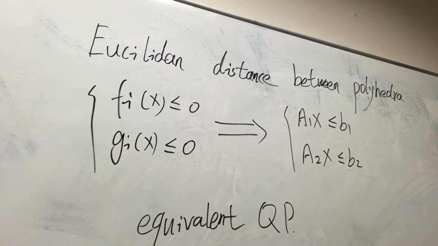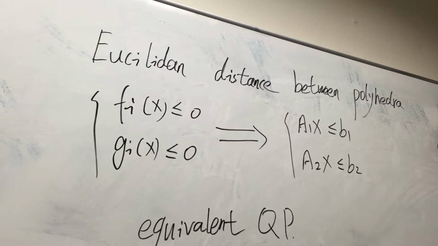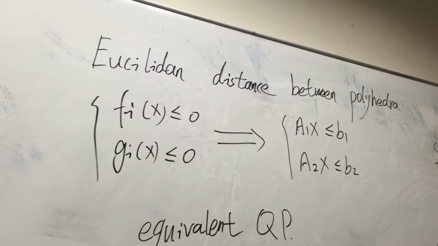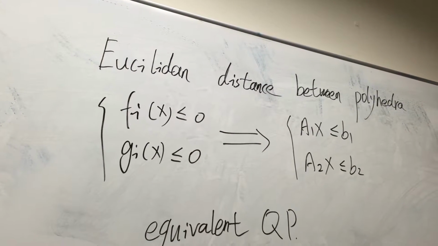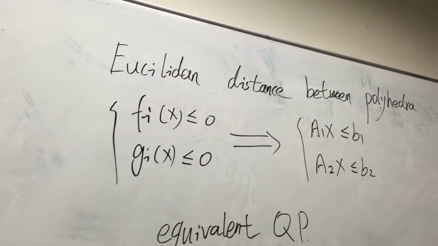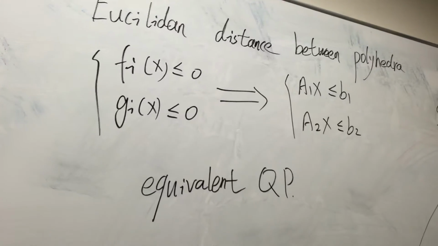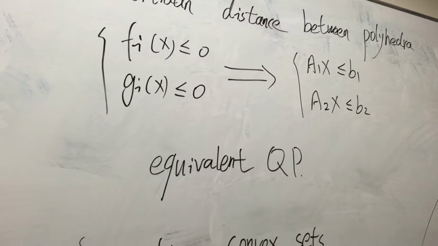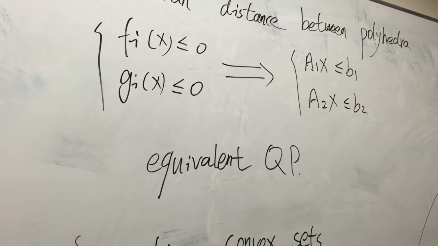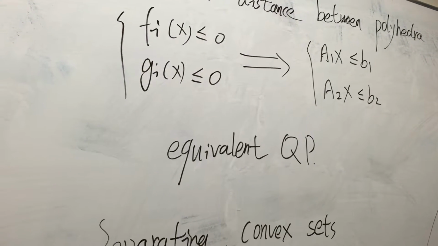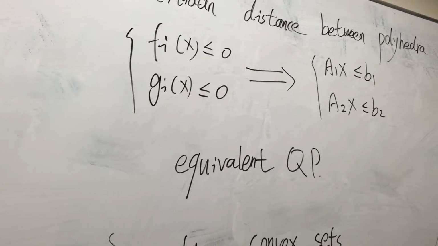The distance between them is the optimal value of the problem: minimize the two-norm of x minus y subject to A1 x is smaller than or equal to b1, and A2 y is smaller than or equal to b2. We can square the objective to obtain an equivalent problem.